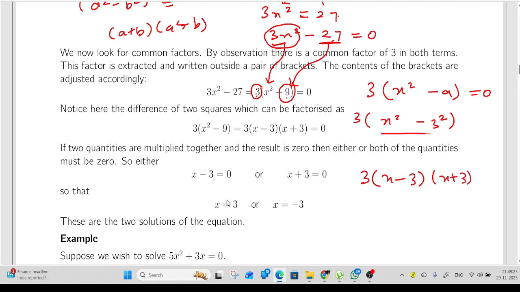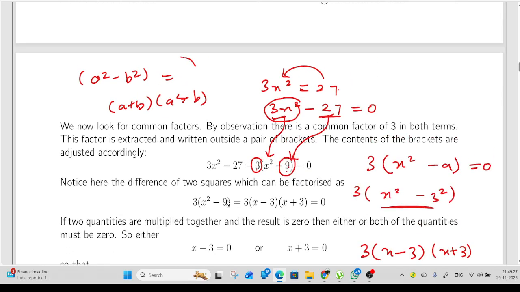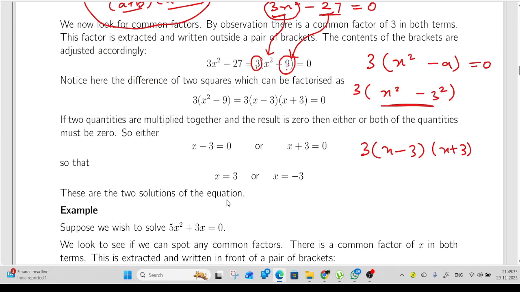We can expand this as x minus 3 and x plus 3, because this is of the form a square minus b square, which can be expanded as a plus b and a minus b. Now it is equal to 0. If we take this 3 to this side, it will become 0. So we have x minus 3 is equal to 0, we equate this with 0, and x plus 3 is equal to 0, right?